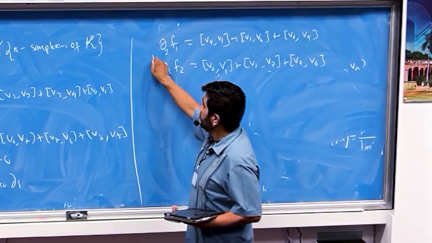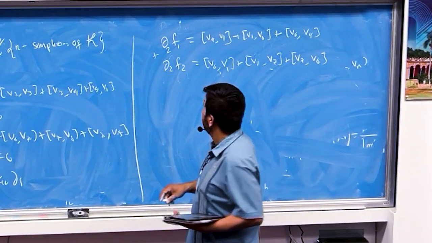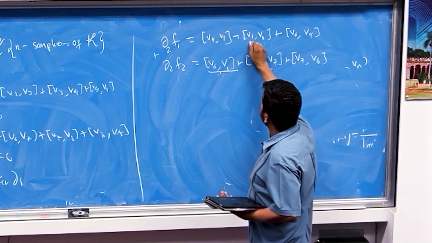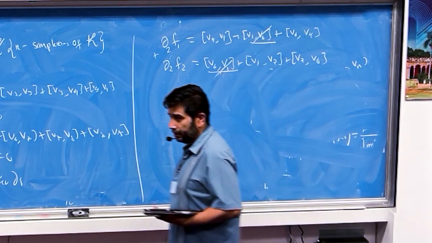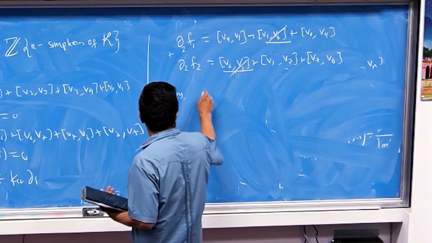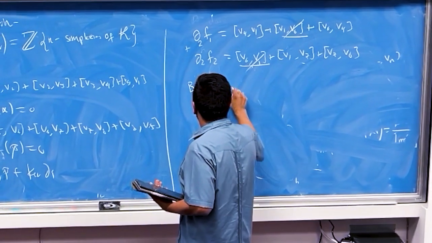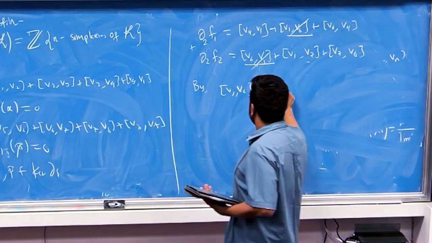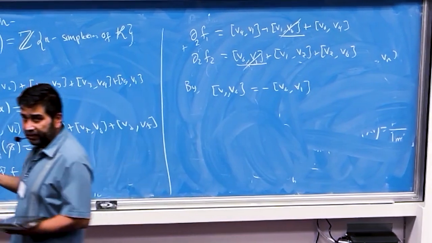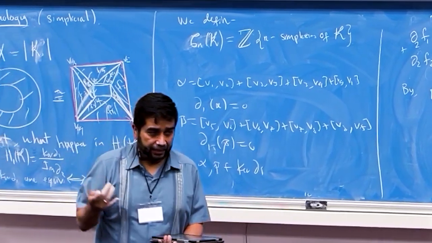If I add these two, B6, B1 is going to cancel out with B1, B6. By definition, I never said the definition, but by definition, B1, B6 is minus B6, B1. If I permute the vertices, it changes the sign.